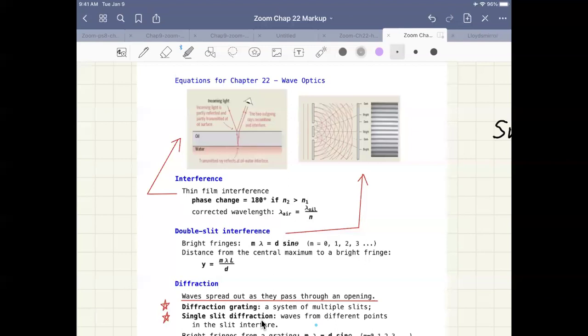Here are some of the things you probably would write down in your notebook. Here's a picture of interference. This is thin film interference. This is interference where light hits an oil surface and reflects. But it can also pass through an oil surface and reflect on whatever is below the oil.